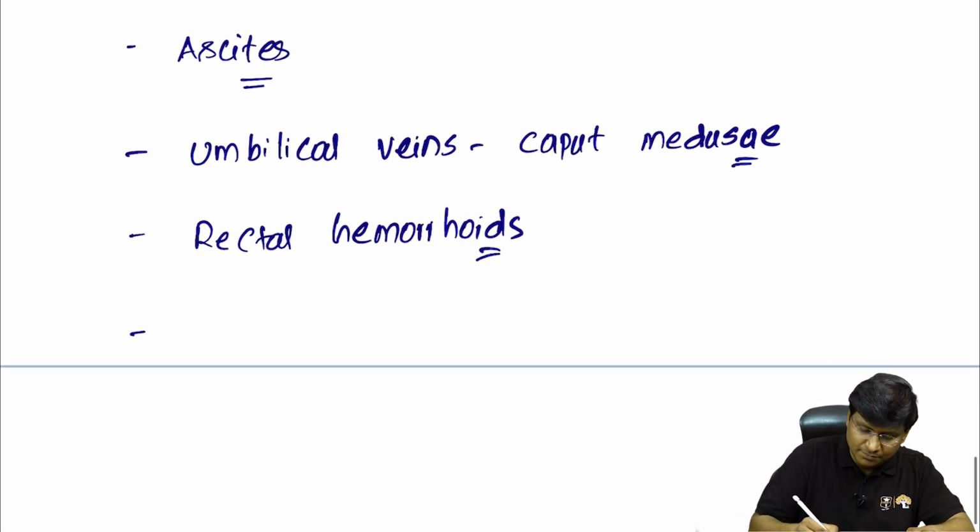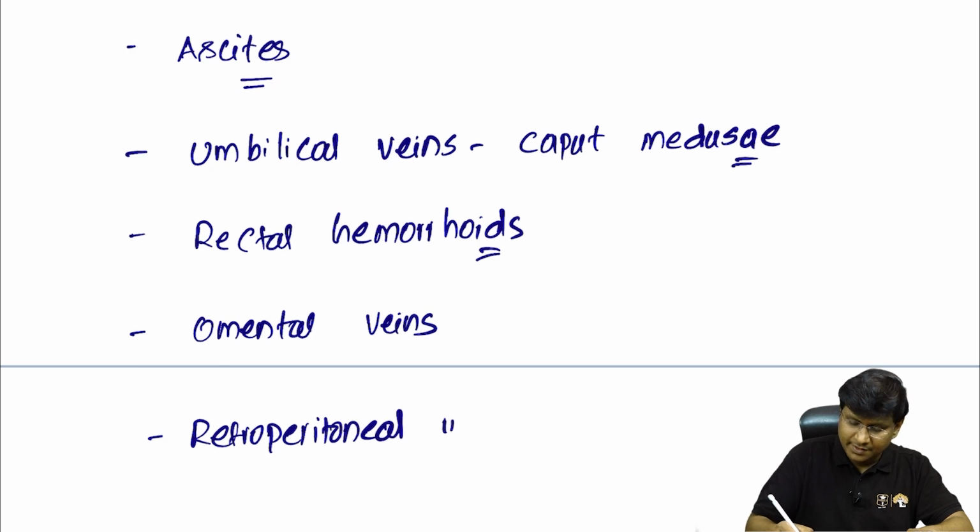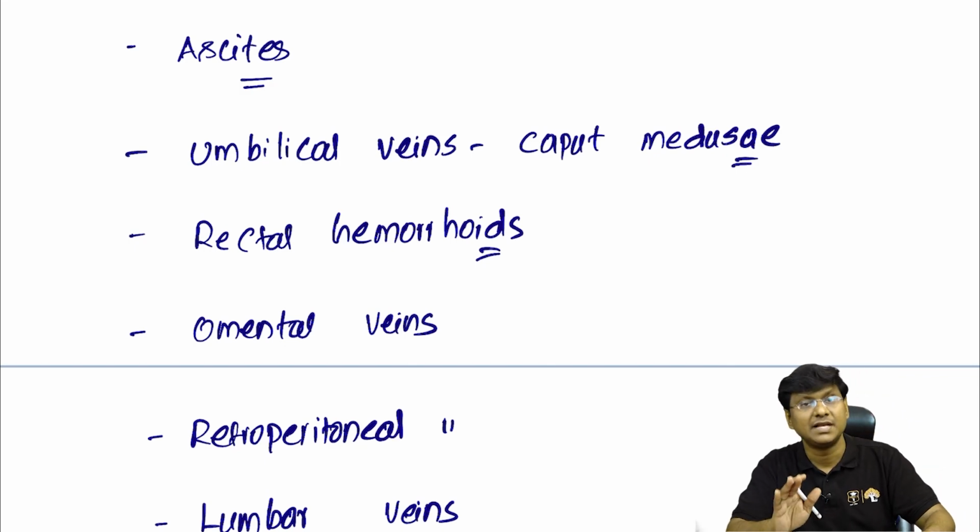And there will also be dilatation of the omental veins because of the anastomosis, right? It can also cause dilatation of the retroperitoneal veins, right? And it can also cause dilatation of the lumbar veins.